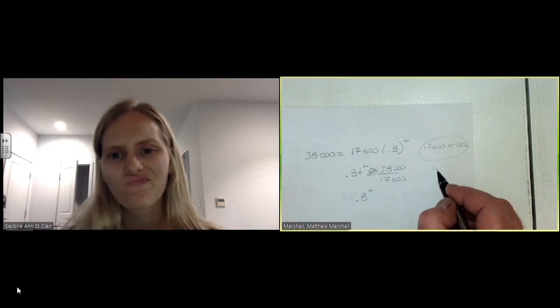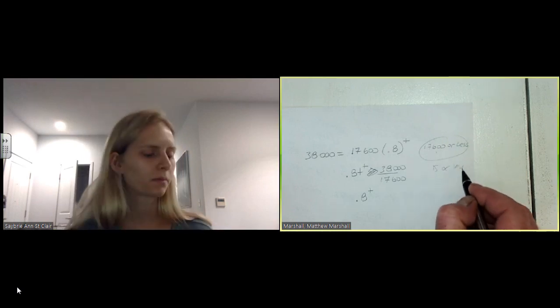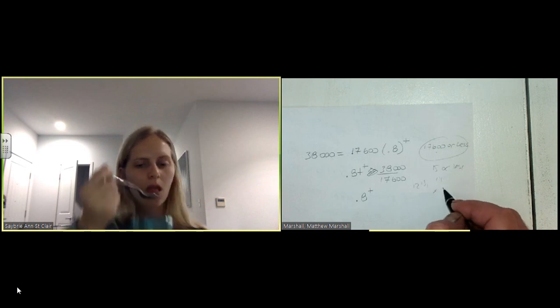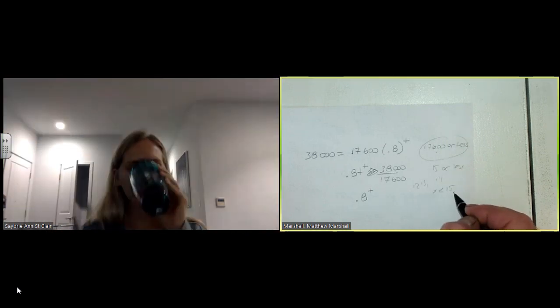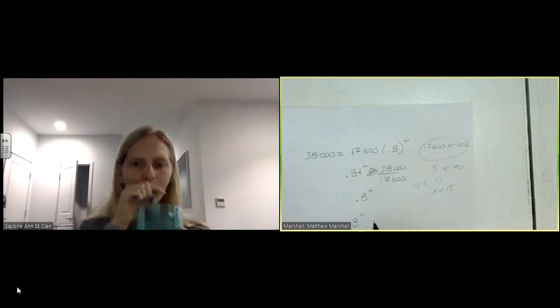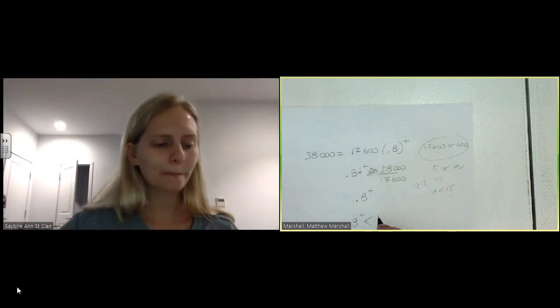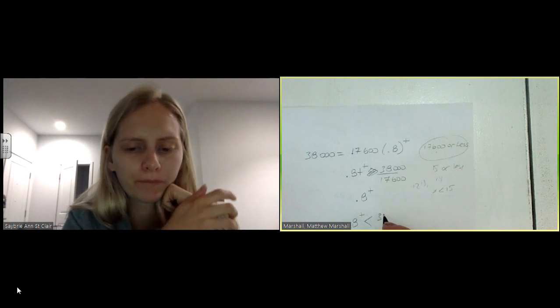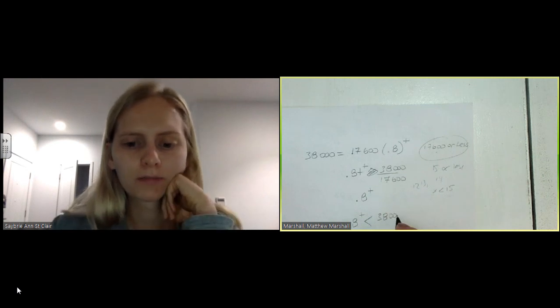So 15 or less would be 14, 13, 12 would be less than 15. So yeah, 0.8 to the t has to be less than whatever this value is right here.